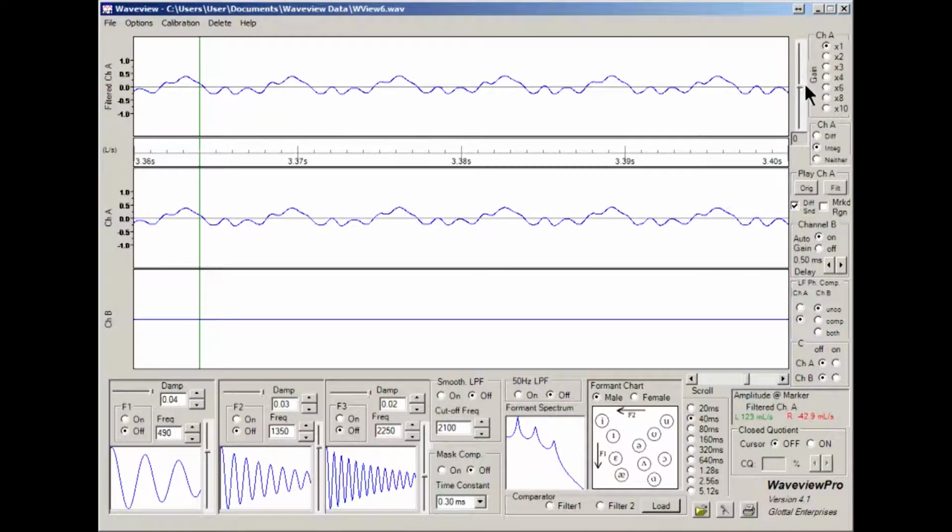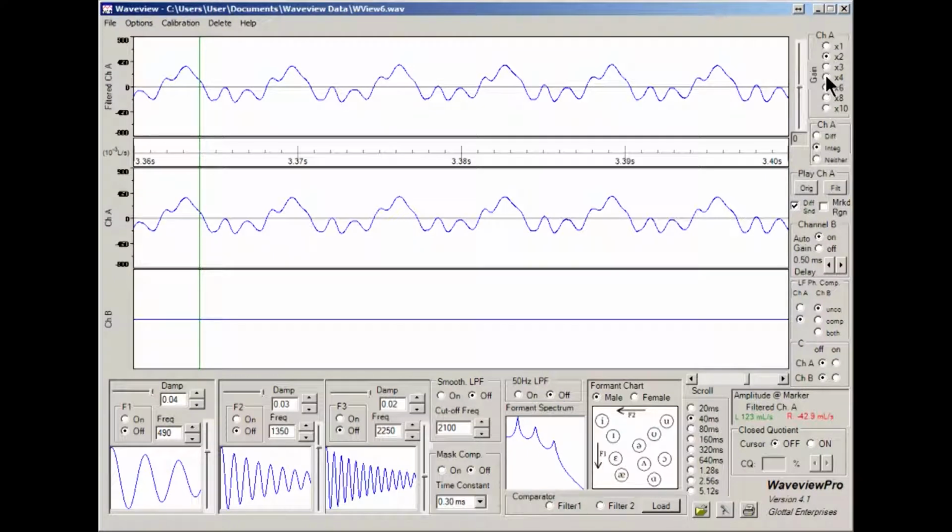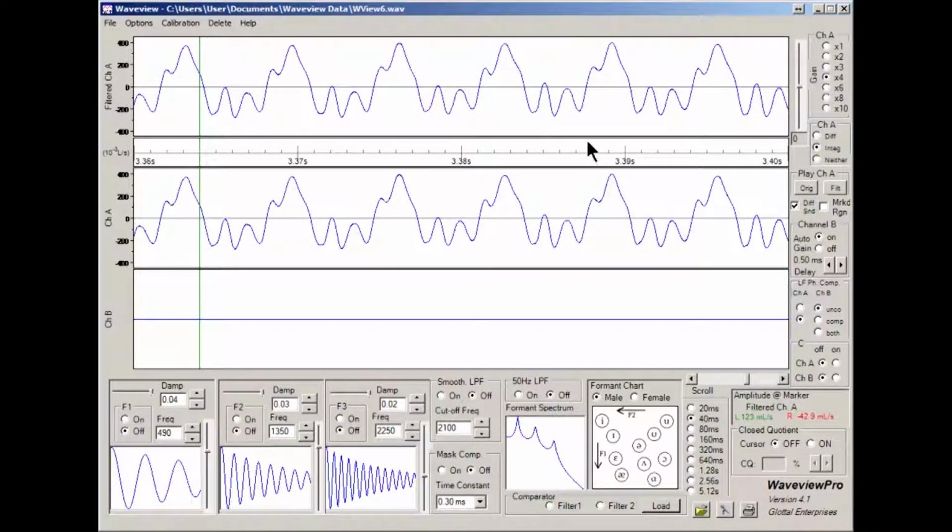And I'll expand the amplitude scale. Generally, you want to keep the amplitude scale large, strong, so that you see the waveform in detail, as long as you don't go off scale. The gain setting doesn't affect the operation of the filter.